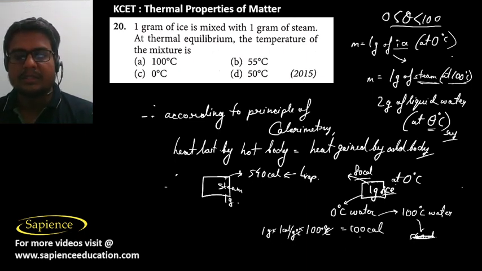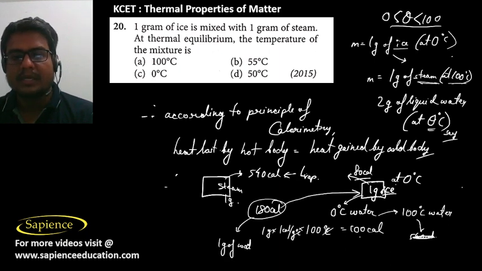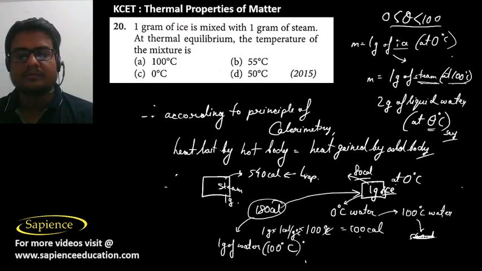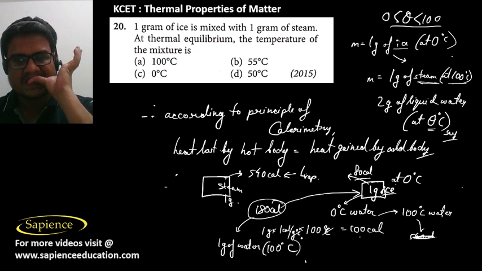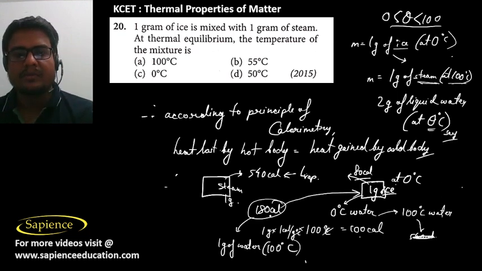So it means that to 1 gram of ice, if I give 180 calories, then it will convert to 1 gram of water at 100 degrees Celsius, which it can take from the steam only.